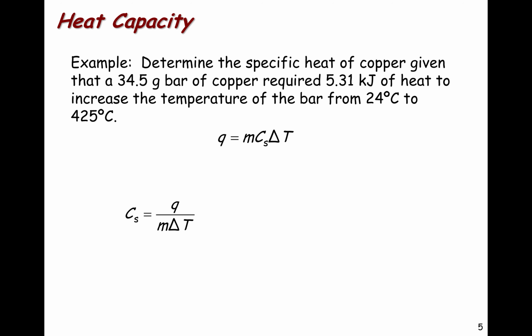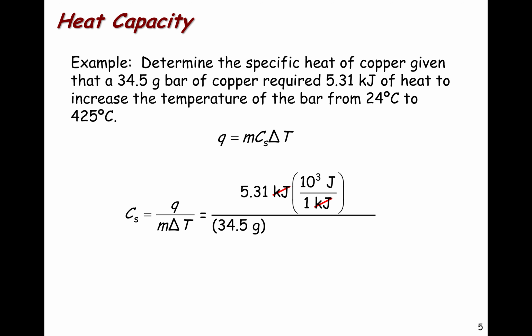We can plug in the values from the givens in the question. We have the 5.31 kilojoules as the value of Q. We convert that into joules because that would be the normal unit for heat capacity. And so we're going to multiply by 1,000, and the kilojoules will cancel.